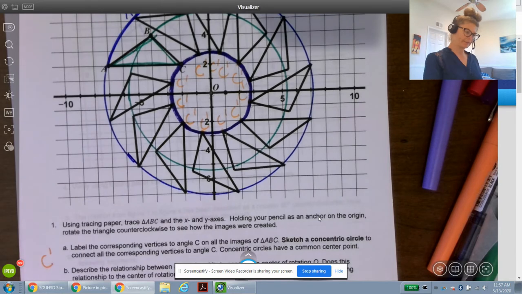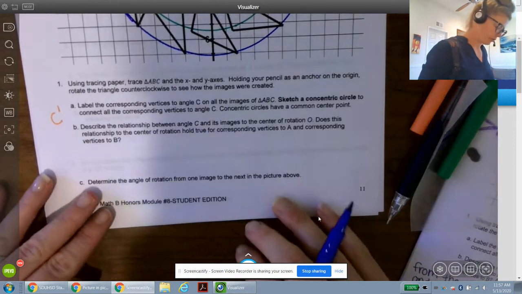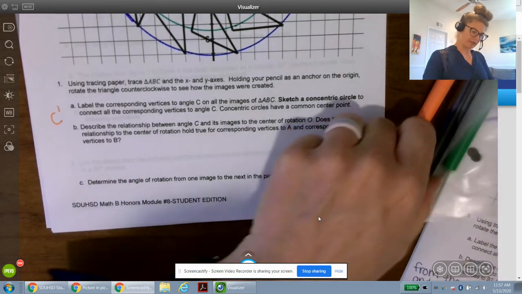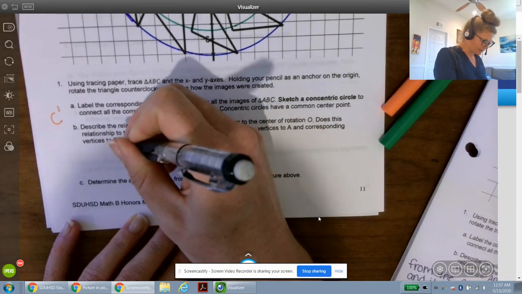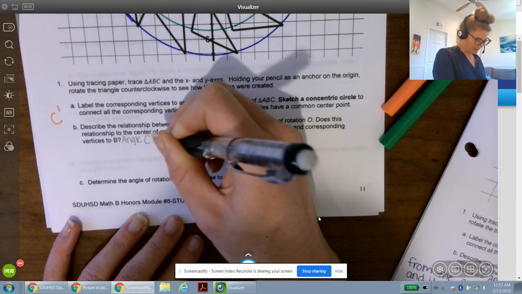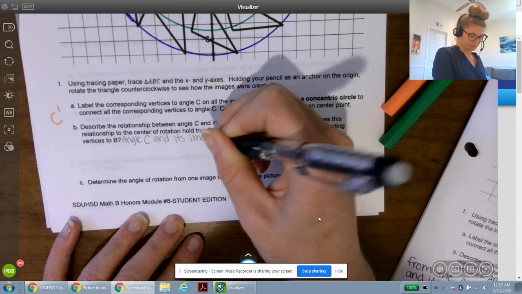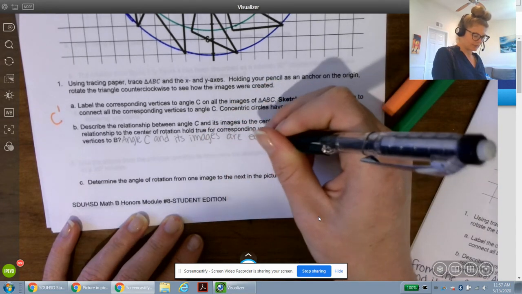So what can we say? This is going to be quite a bit of words, so I might use a pencil so I can write a little smaller. So angle C and its images, because that's what we were creating, are equidistant.